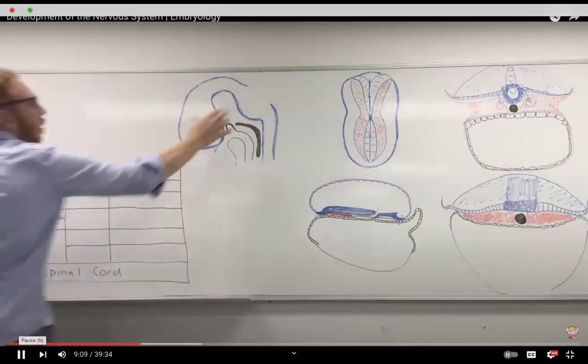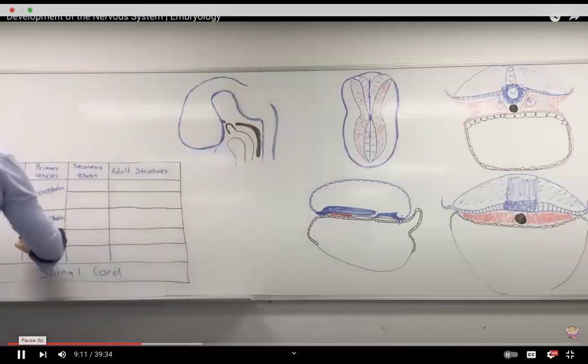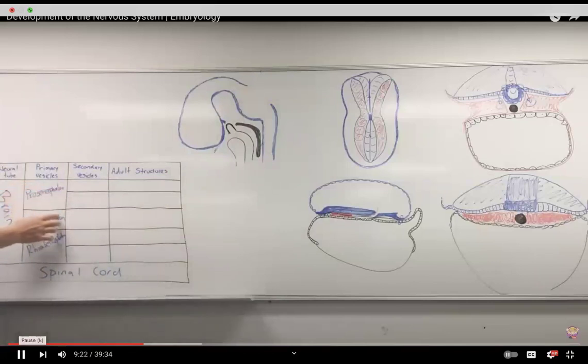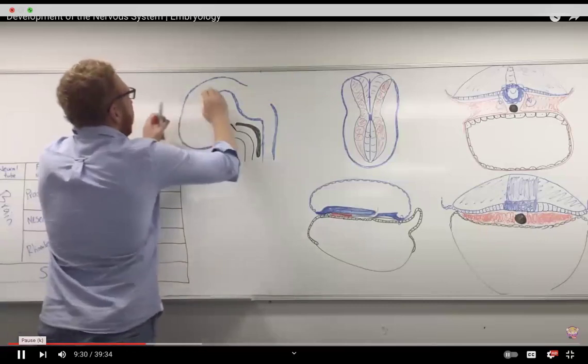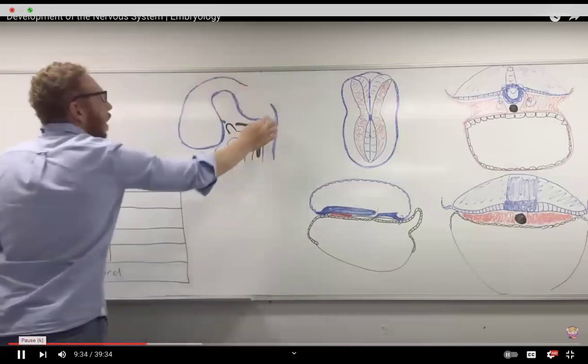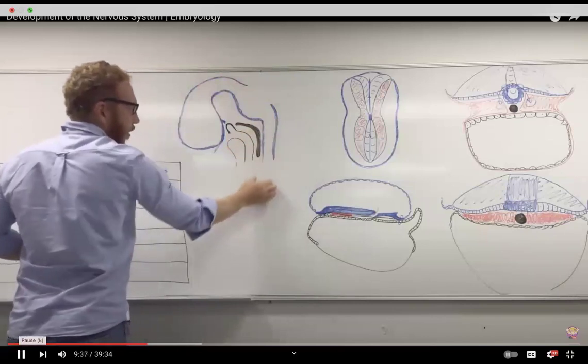And the last one, down here, is called the rhombencephalon. The reason they're called that: pro is before, mes means middle, rhomb is rhombus, so it's its shape. So they're the three primary vesicles or dilations. You've got dilation 1, dilation 2, dilation 3, and then we go down into the spinal cord.